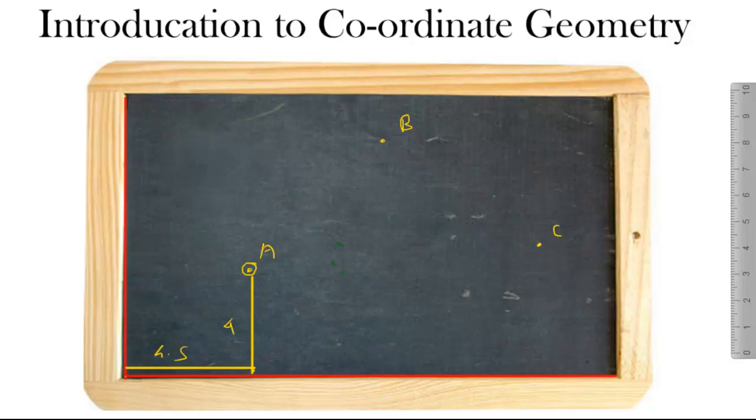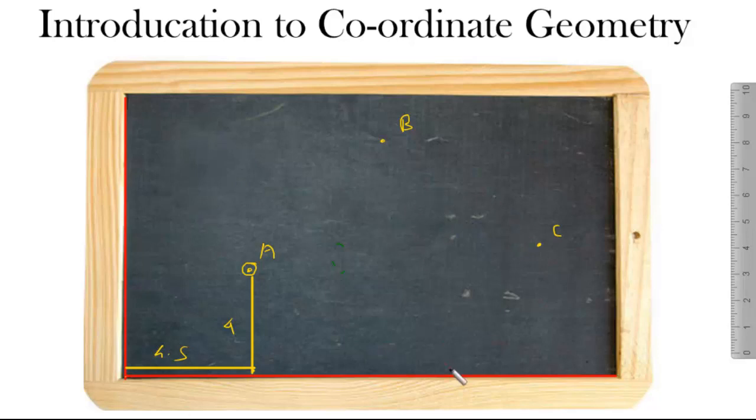Then we have traveled along the horizontal axis, which is about 4.5 units, 4.5 centimeter. Then we have traveled parallel to the vertical axis, about 4 centimeter. So in this way we are describing the position of A on this slate.